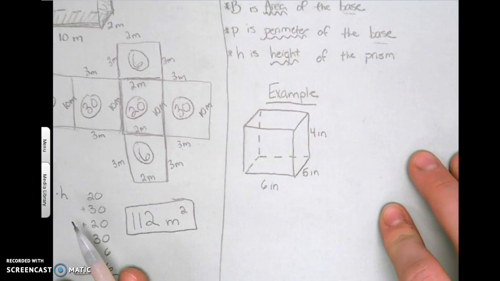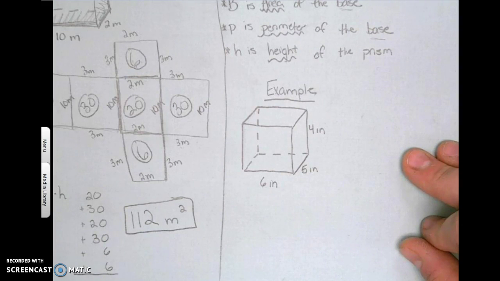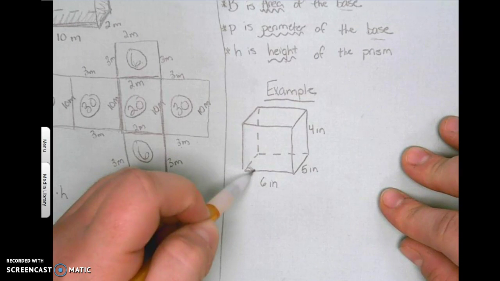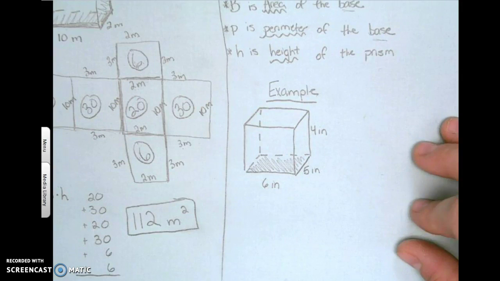If we're looking at this example here, one thing I really like to do is shade in the base. Rectangular prisms, it's going to be easier to shade in just the bottom, use the bottom for it. So we're going to shade in this bottom rectangle here and really focus in on that.